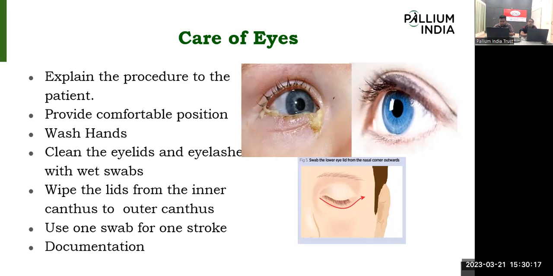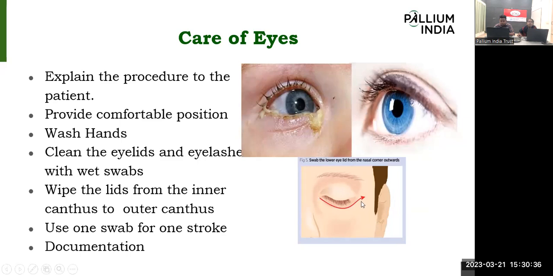When they take care of the eye, they have to take a wet cotton ball, squeeze out the excess water, and clean from the inner canthus to the outer canthus. You can imagine it from there, inner canthus to outer canthus.